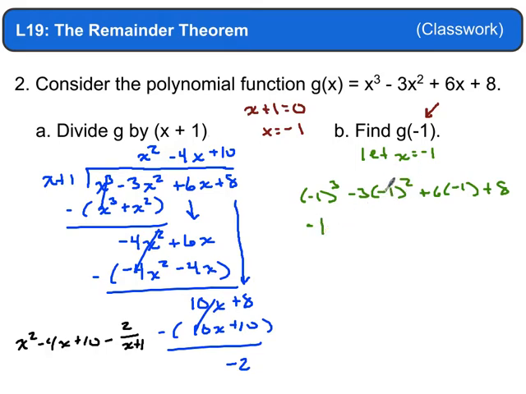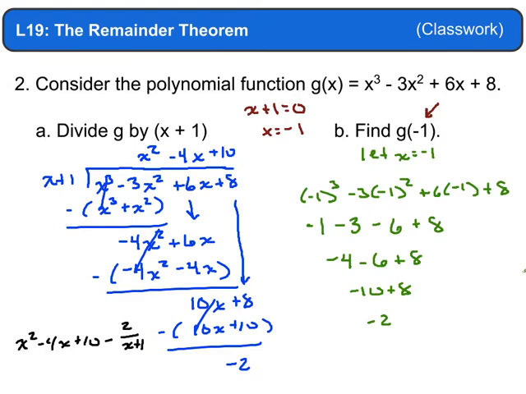Negative 1 squared is 1, and then 1 times negative 3 is negative 3. 6 times negative 1 is negative 6. And then we add 8, right? So this gives us negative 4 minus 6 plus 8. This part gives us negative 10 plus 8. And we get that same negative 2.